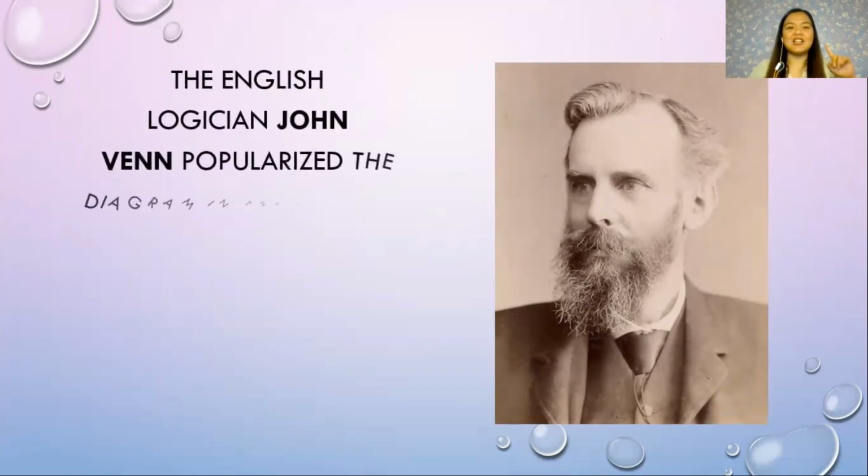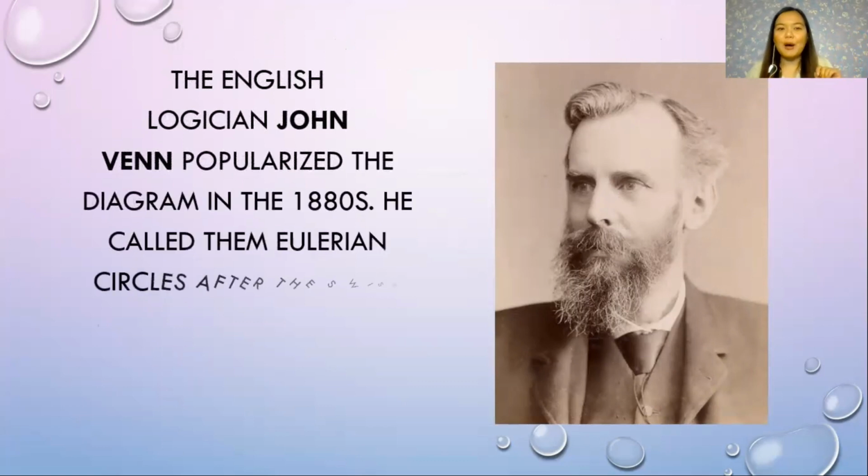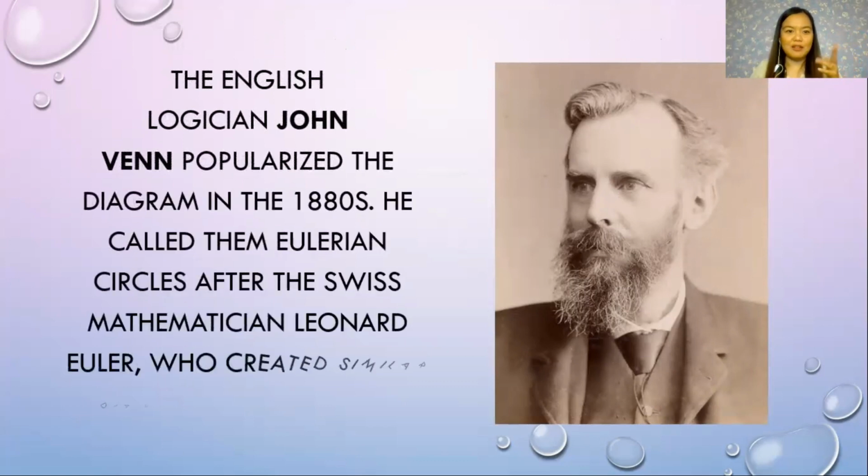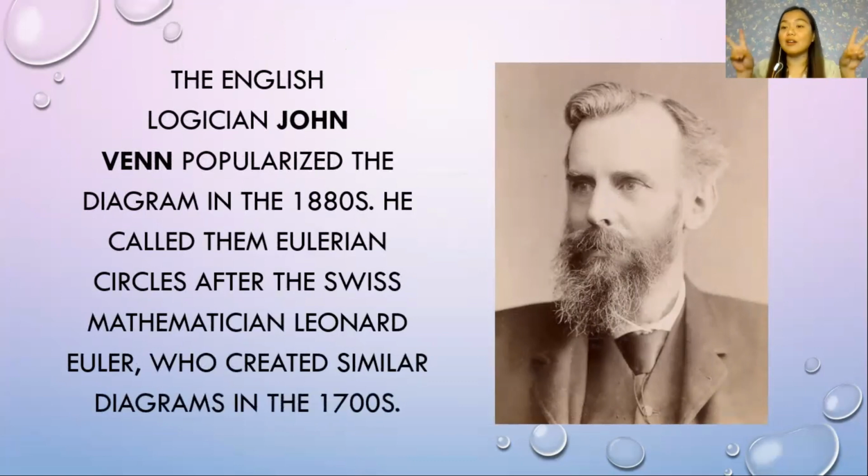So, the English logician John Venn popularized the diagram, that Venn diagram. Kaya siya tinawag na Venn diagram kasi yung pangalan ng nag-popularize sa kanya is John Venn. English logician siya. In the year 1880s, he called them Eulerian circles after the Swiss mathematician Leonhard Euler, who created similar diagrams in the 1700s.